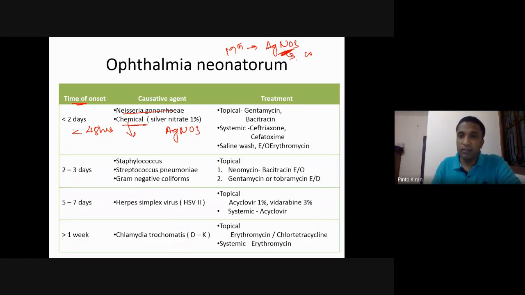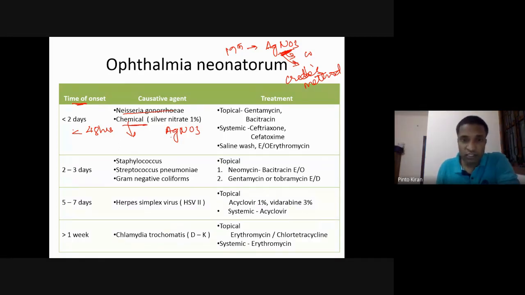Then they stopped. This method was known as Crede's method, if you remember. Over a period of time that has been stopped now.